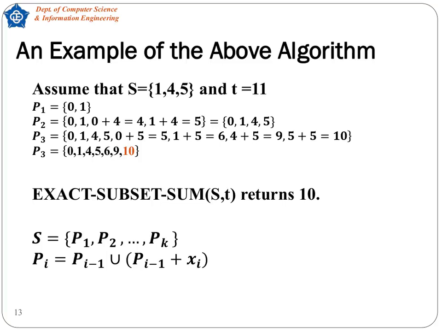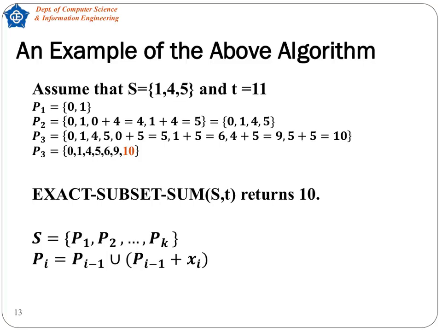Then for P_3, we union the previous set with each of its elements plus 5. Starting from 0, 1, 4, 5, adding 5 gives 5, 6, 9, 10. So P_3 equals 0, 1, 4, 5, 6, 9, 10.